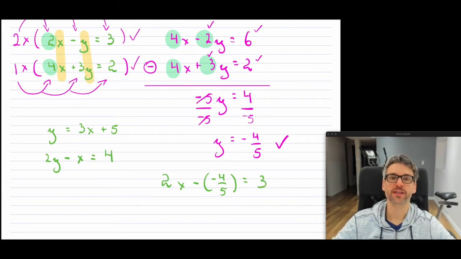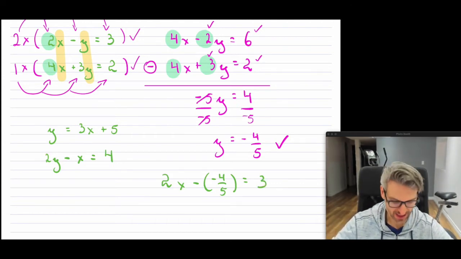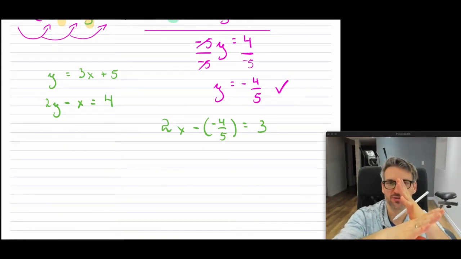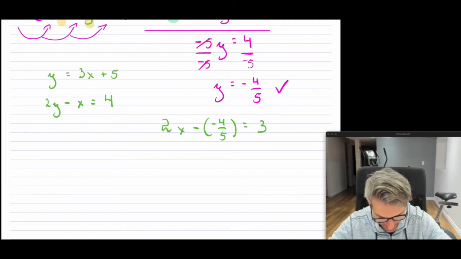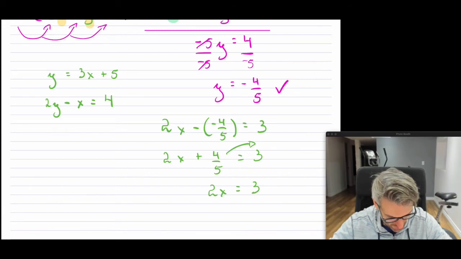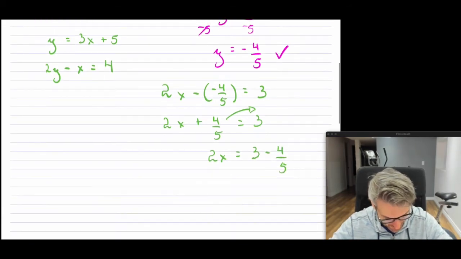And now I only have the variable x, and I can solve for x and get exactly where those two lines are intersecting. So the negative and negative will cancel, so it's going to be 2x plus 4 over 5 equals 3. I'll bring this over to the other side, so it's 2x equals 3 minus 4 over 5.